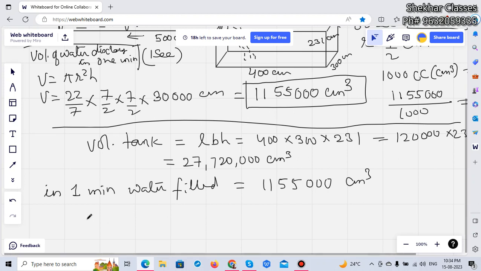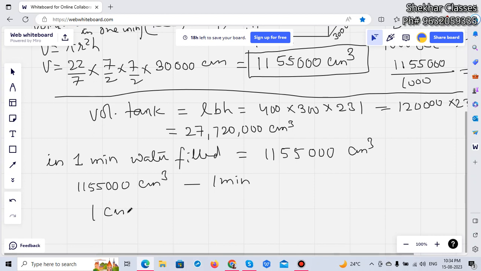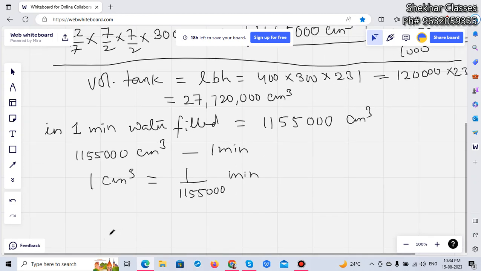Or the other way we can write, 1155000 centimeter cube in 1 minute. Then 1 centimeter cube in 1 upon 1155000 minute, right?